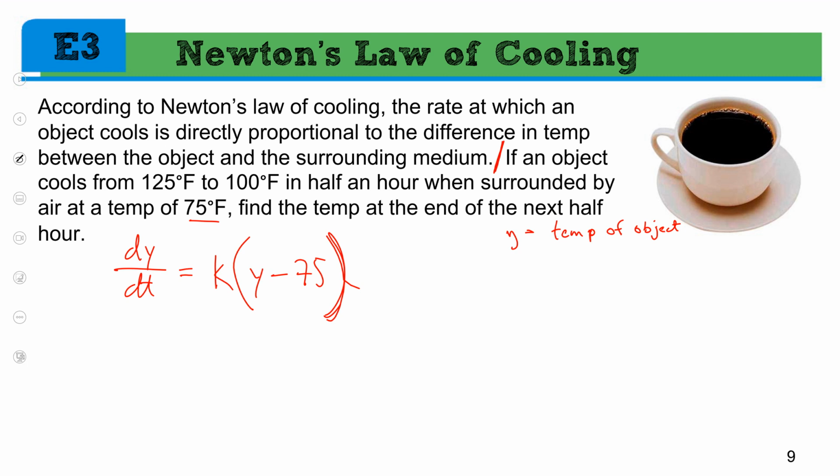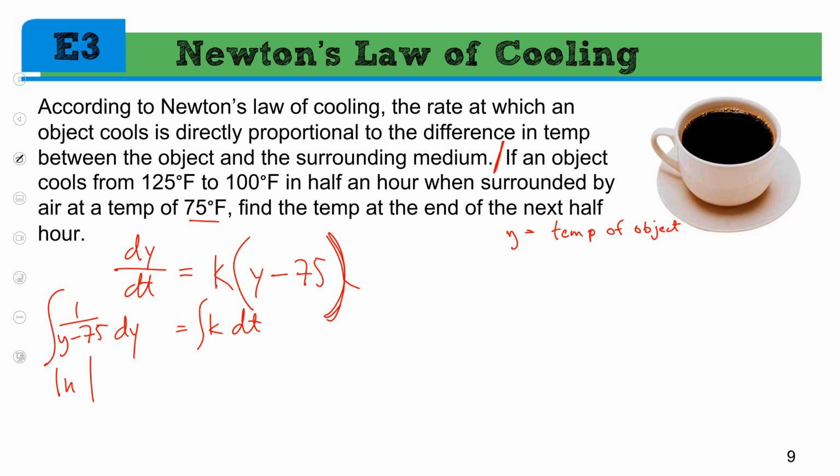So I'm going to go through the whole process we did before to get this into an equation that we can use. So dy over (y minus 75) equals k dt. We've done this already, so I'm going to go through it quickly. Take the integral of both sides.